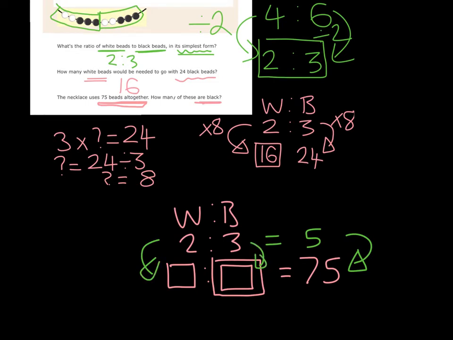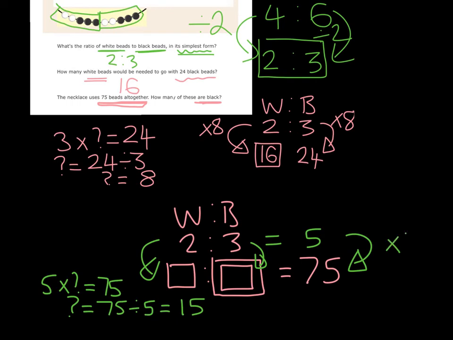So 5 times something equals 75. In order to do this, I would need to work out what that question mark is. So the question mark would be 75 divided by 5, which is going to give me 15.